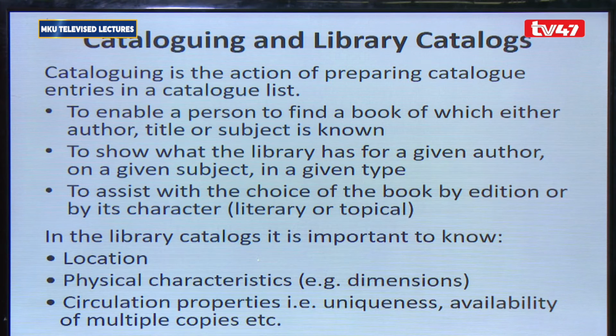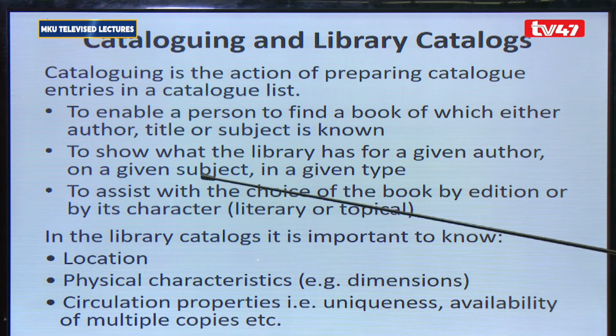Cataloging and library catalogs. Cataloging is the action of preparing catalog entries in a catalog list. Why is this done? It is done to enable a person to find a book of which either author, title, or subject is known.